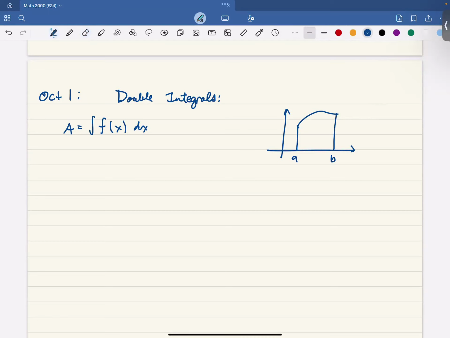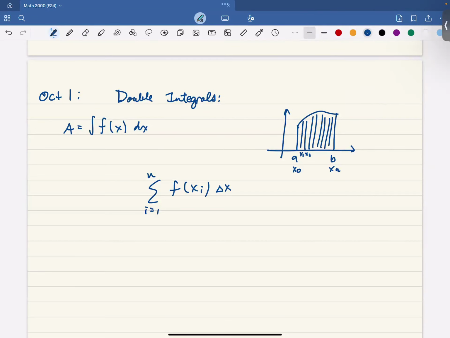So what we can do is split up our region into lots of little thin rectangles. As we take more and more rectangles, as we take a limit, the sum of those rectangles, where each rectangle has width delta x and the height is f of xi, where xi is some sample point in the interval, usually x0, x1, x2, all the way up to xn.